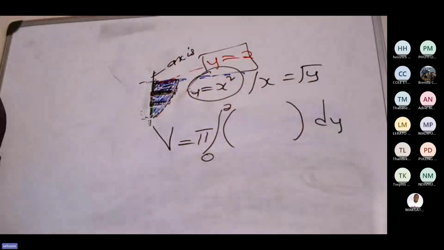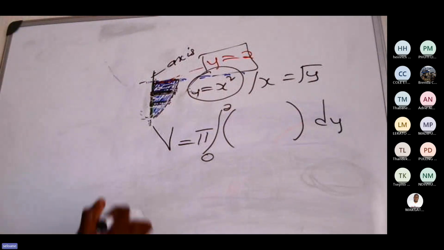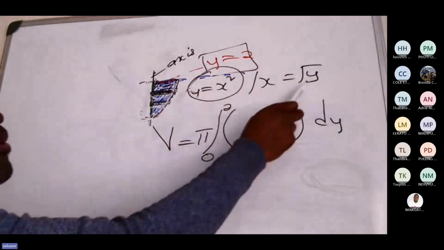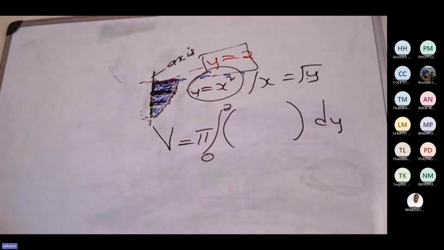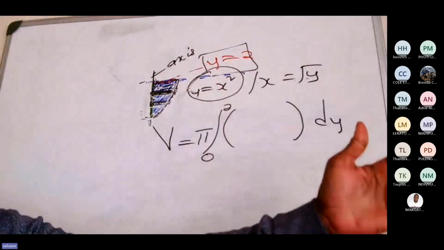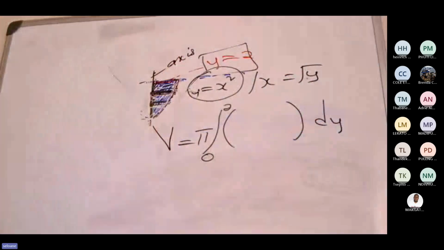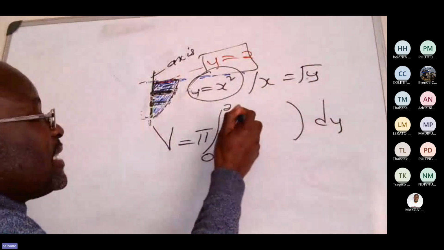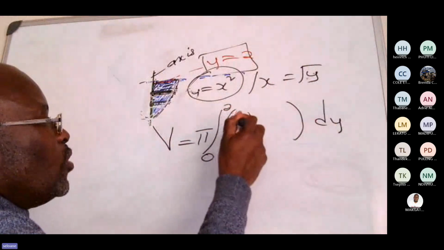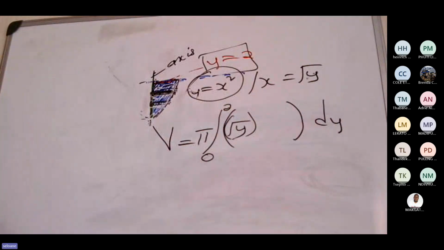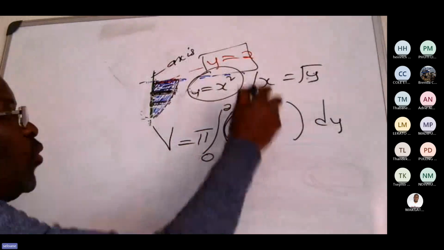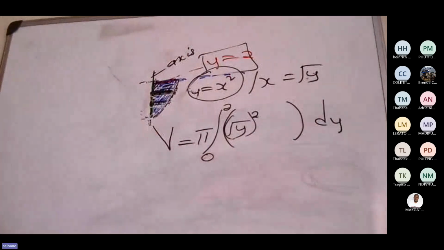You can't say x equal to minus. So from here to here is the square root of y. And now from the formula pi r squared, you square it. Then from there you are done.